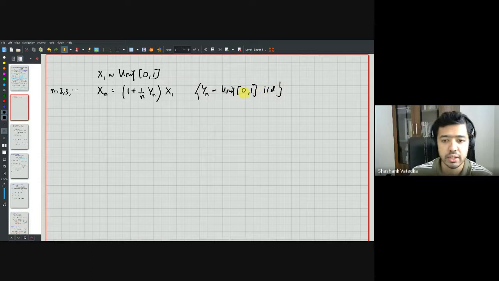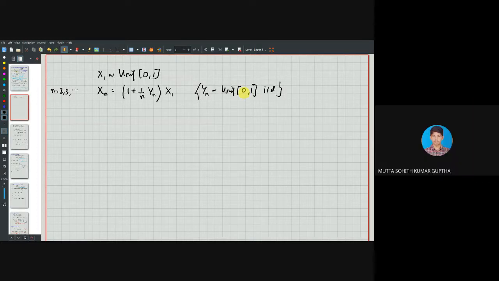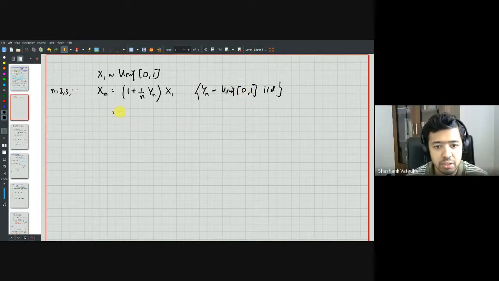So all the Yn's are IID and uniformly distributed in (0, 1). So basically this is X1 plus X1 Yn divided by n.